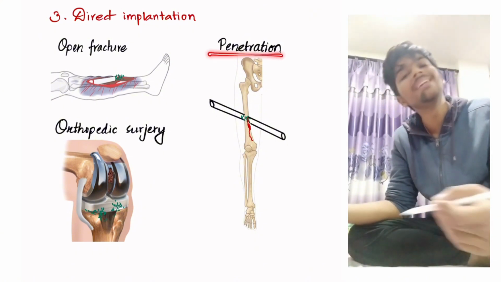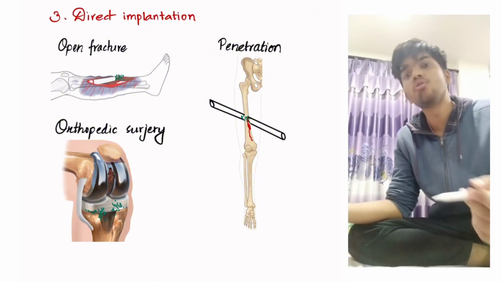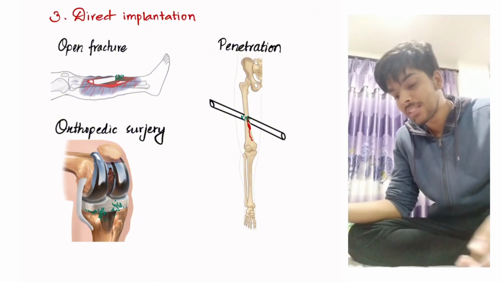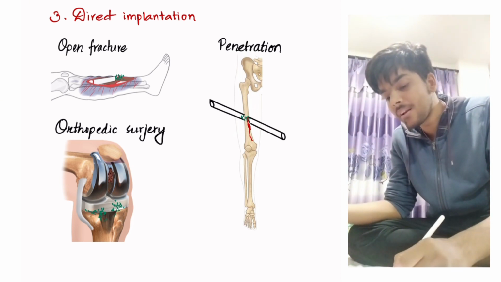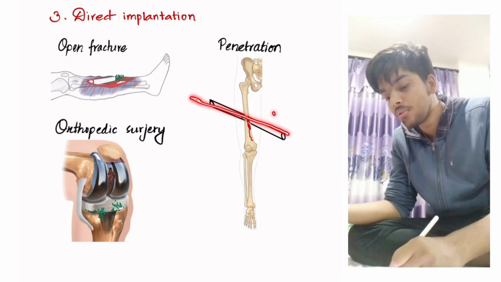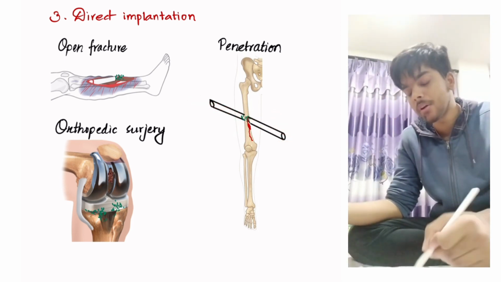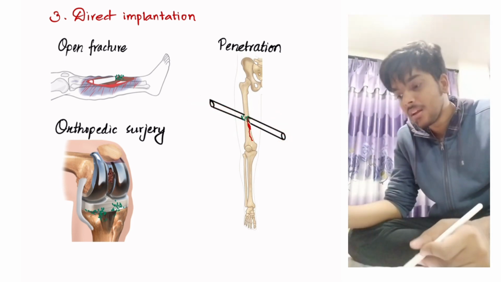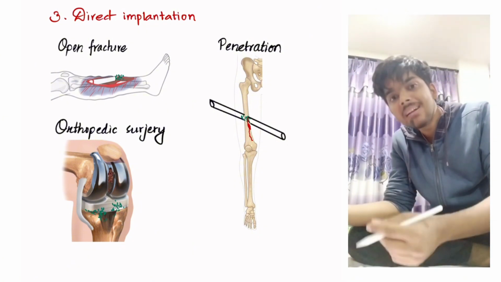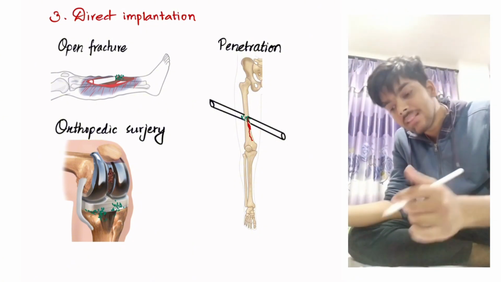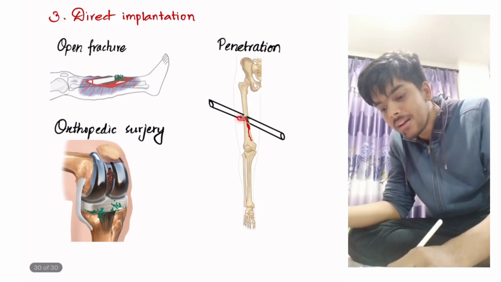And thirdly, during a trauma by penetration, for example, here the leg has suffered a trauma due to the penetration of a rod through the bone of the leg, which is the femur. During penetration, the rod might be carrying the bacteria causing infection with it, and these bacteria can get directly implanted into the bone.